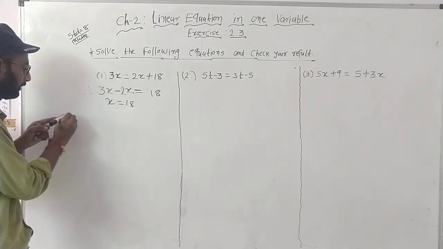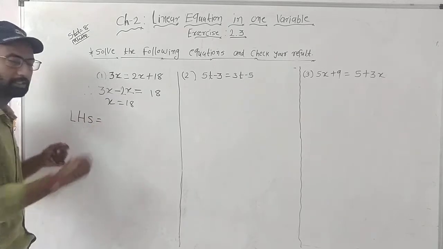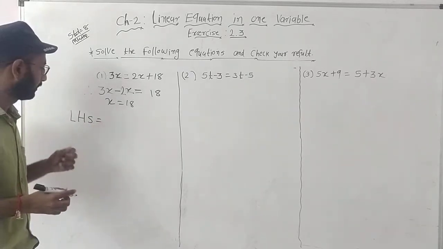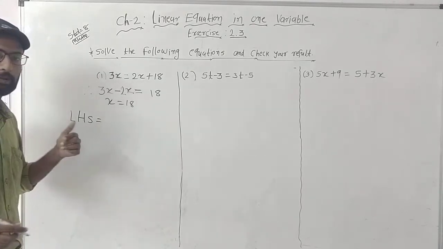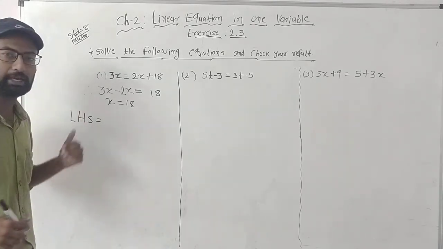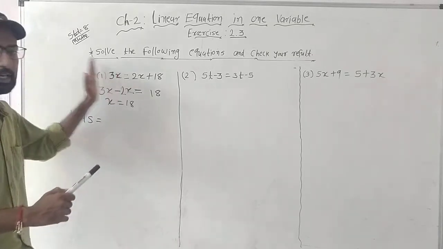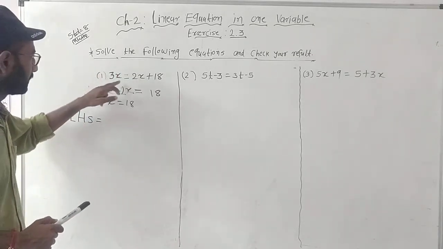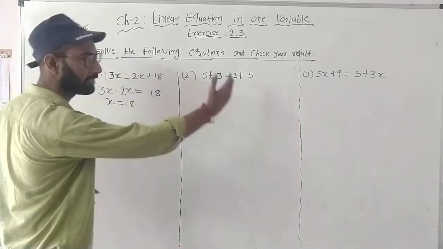Suppose I write LHS. Now what is LHS? You might be aware of the term. LHS means L for left, H for hand and S for side, left hand side. So which is the left hand side over here? 3x is the left hand side. This is the sign of equality. You can see this is the left hand side and this is the right hand side.